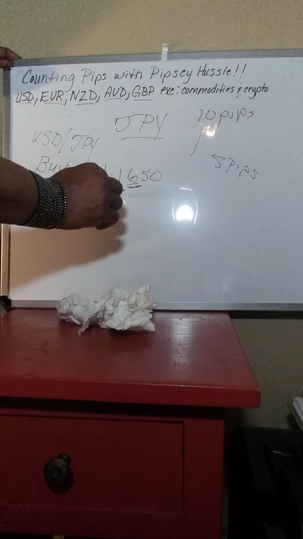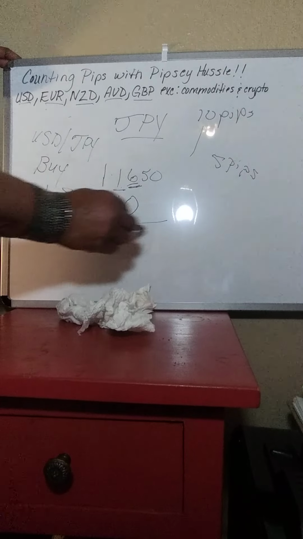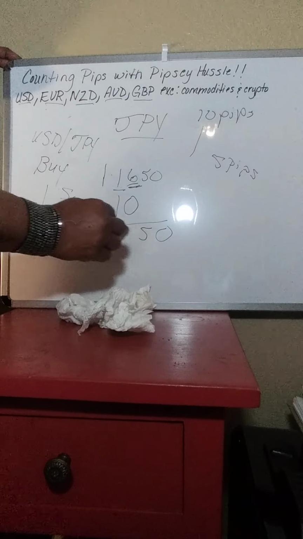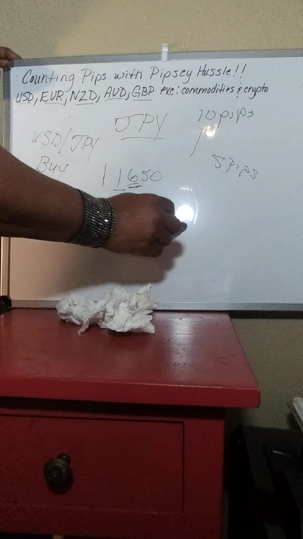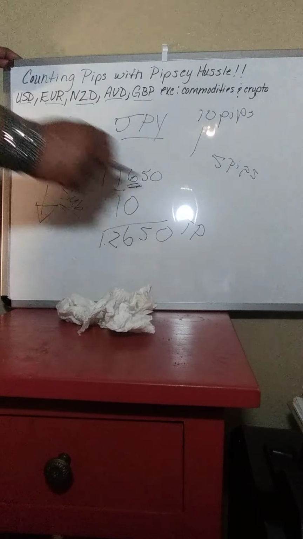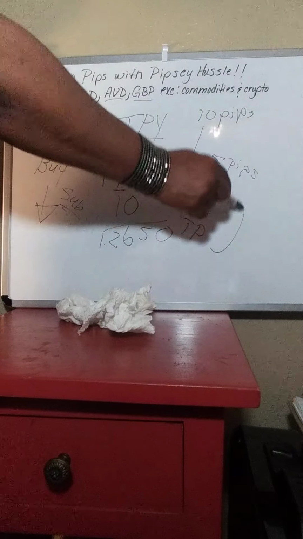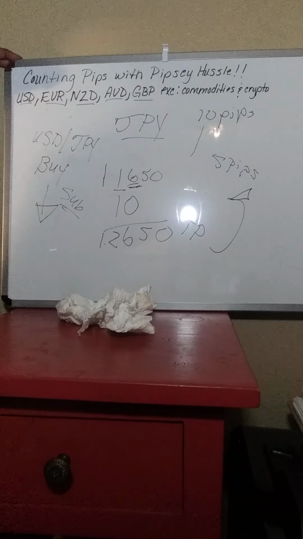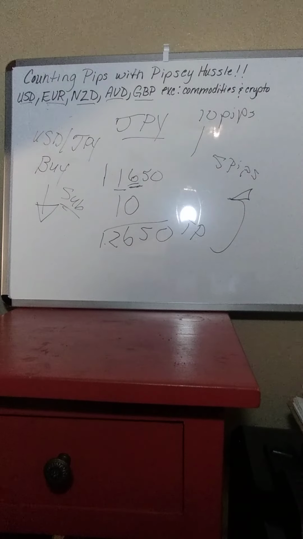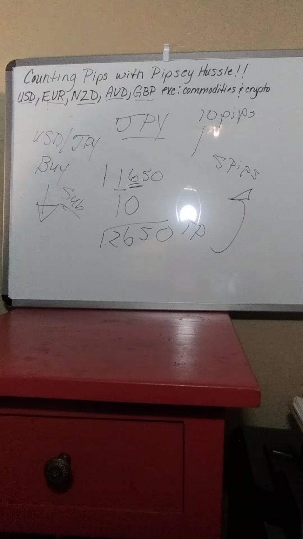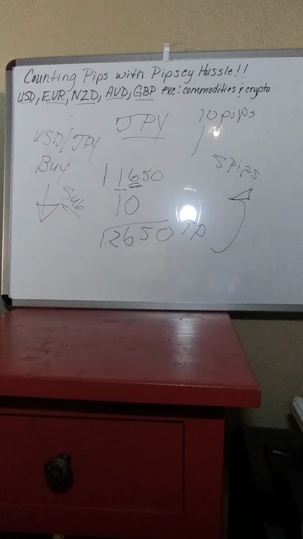If you want to get your 10 pips, you add 10 here, 0, 5, bring down 6, that'll be 2, and that's a 1. That's your take profit if you're in this buy and it actually goes up. Okay? I'm sorry about my tissue, y'all. I keep putting it in the way. I'm going to have to fix that for the next video. But, yeah. Once again, this is how you count pips.